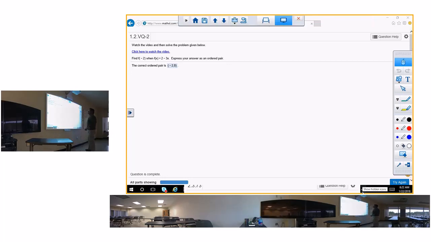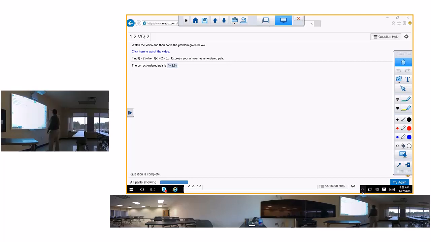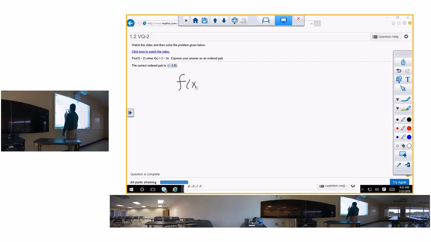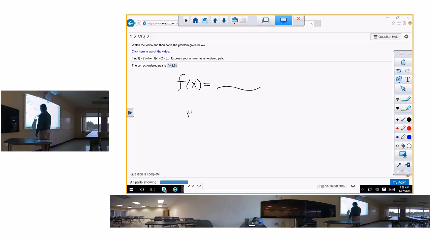So it says, watch the video. Find f of negative 2. This is a function. And remember, when you're dealing with functions, it's just like f of x is equal to some expression. The way you did it back in pre-algebra was y equals some expression, right?